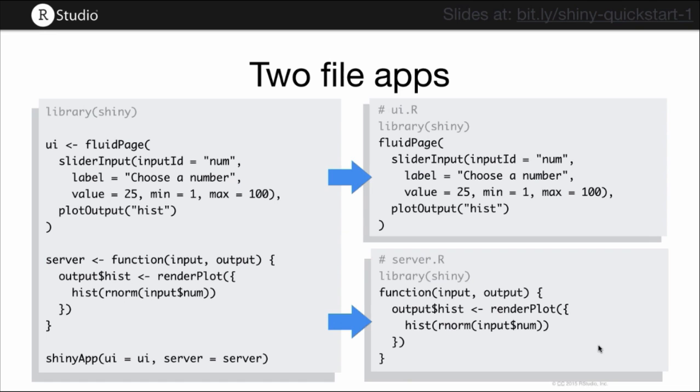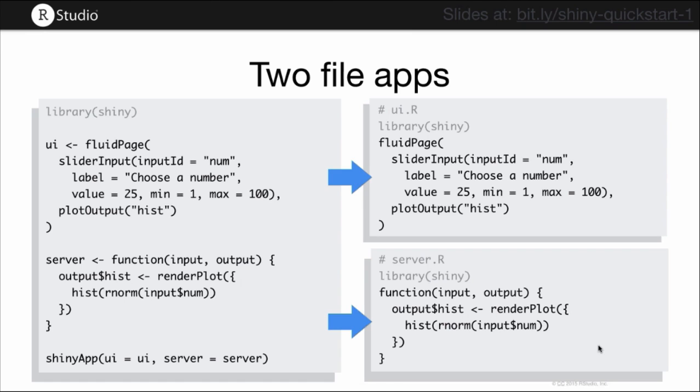In the 2-file structure, you take everything that you would save to the UI object, and you just put it in a standalone script. You don't need to save it to UI. You just put it in its own script, and you name that script UI.r. And then everything that you would save to the server object, you put that in its own script, and you save that script as server.r. And with these 2 scripts, neither of them calls Shiny app. You don't need to call Shiny app in this scenario.